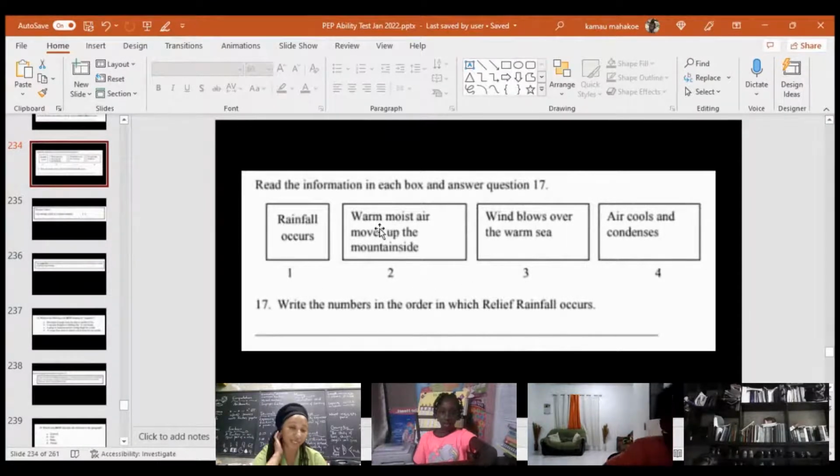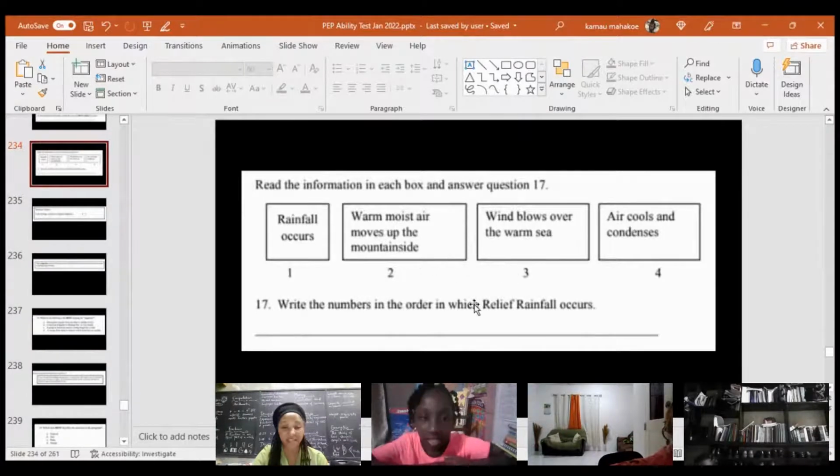Relief rainfall has to do with rainfall generated by the winds having to climb the mountain. By the time they get to the top, the rain falls on the windward side of the mountain, and very little falls on the leeward side, the side facing away from the wind.